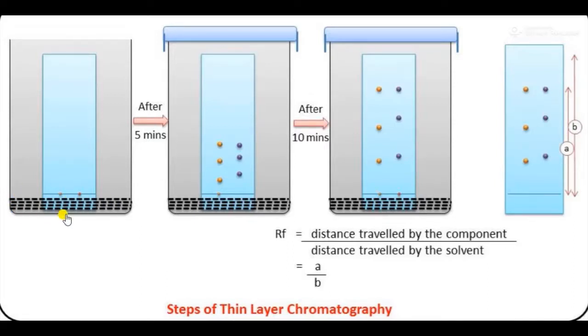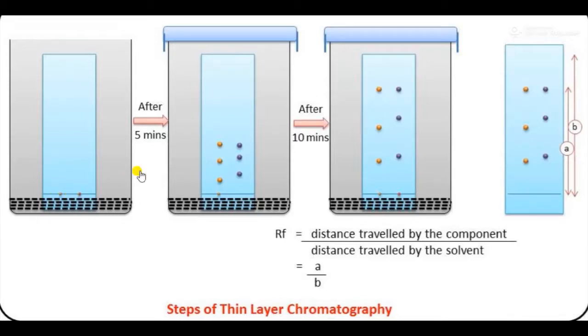Here, this is a developing chamber with the mobile phase, and the spots of the ink sample should be placed above the level of the mobile phase. When you place the TLC plate, it should not directly touch the mobile phase, because if it's directly touching, the samples will get mixed with each other. Also make sure that the two samples are separated by some distance.